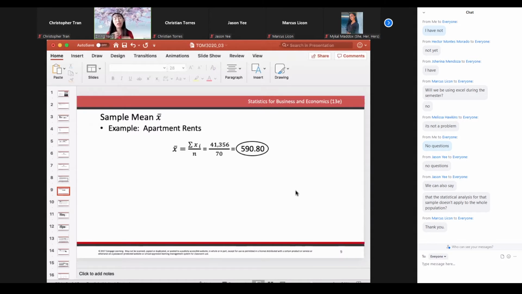Again, if the job is done correctly, if the sample is randomly selected, it is a good representation of the population. But again, if it's not done correctly, then it's going to be different. So it should apply to the population, but there's no guarantee.